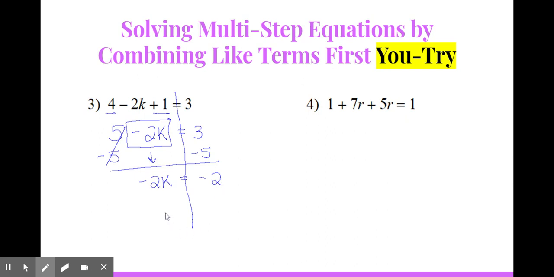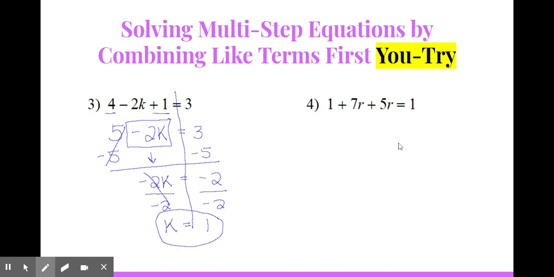What's the final step? I need to divide both sides by the coefficient, negative 2. So I'm left with k is equal to, what's negative 2 divided by negative 2? Positive 1. So k is equal to 1.